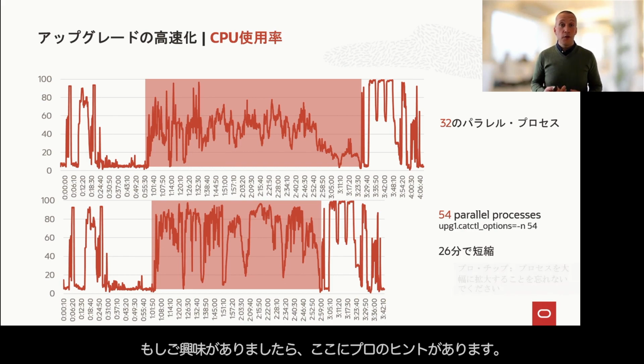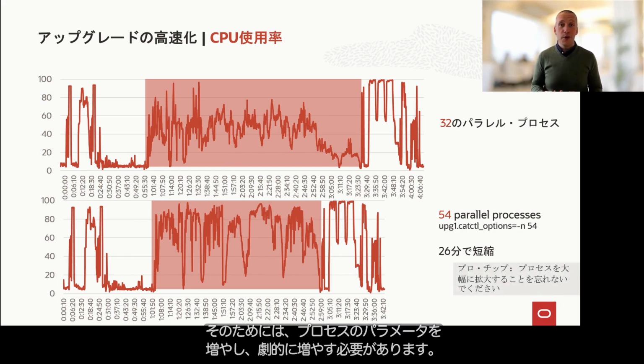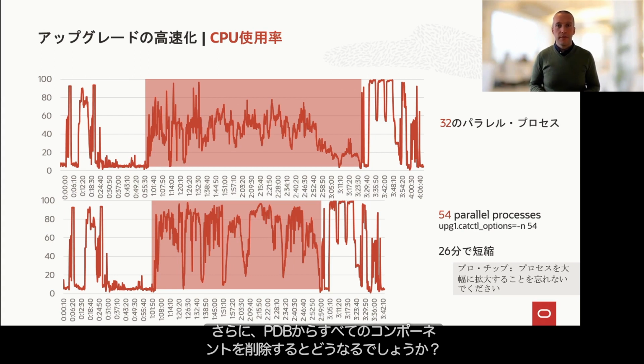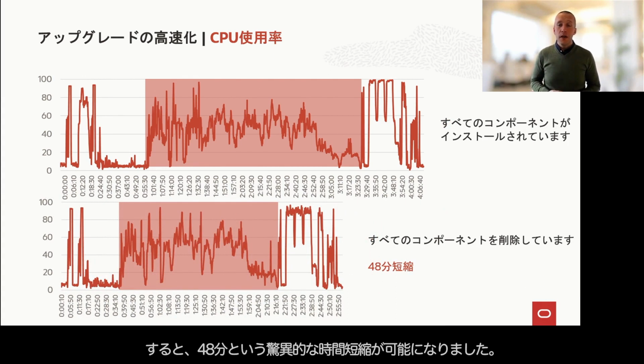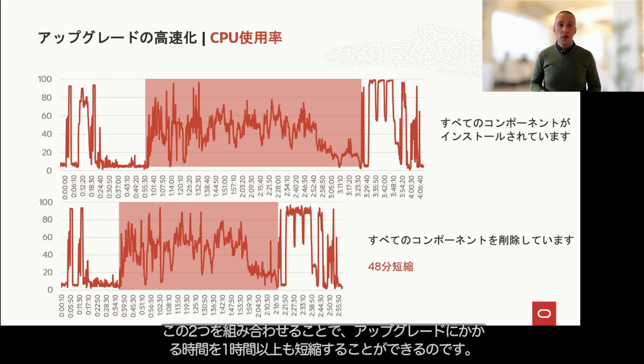If this is something that you find interesting, here's a pro tip. You have to increase the processes parameter in order to do that, and you have to increase it dramatically. In addition, what happened if we removed all components from all PDBs? Well, it gives us a stunning reduction of 48 minutes. So by combining those two, we could actually save more than an hour during the upgrade.